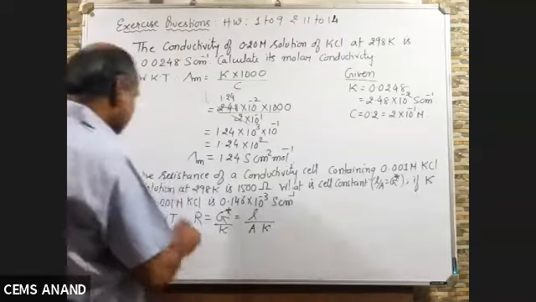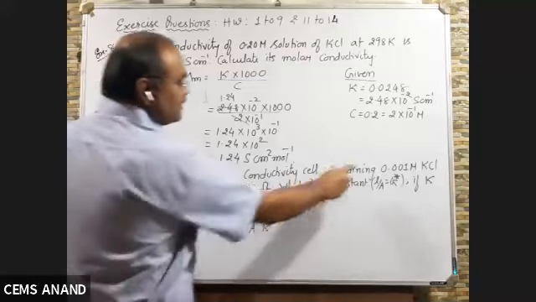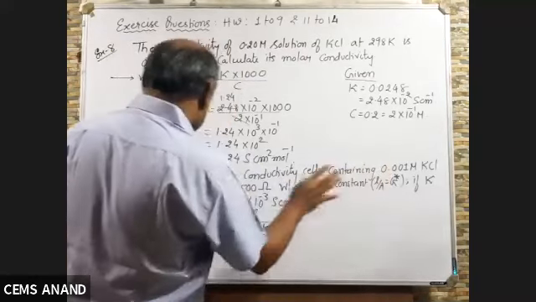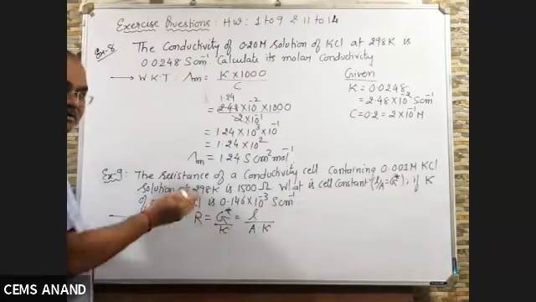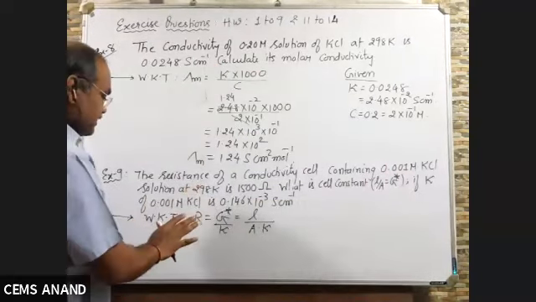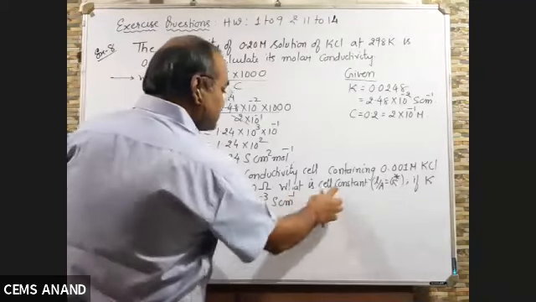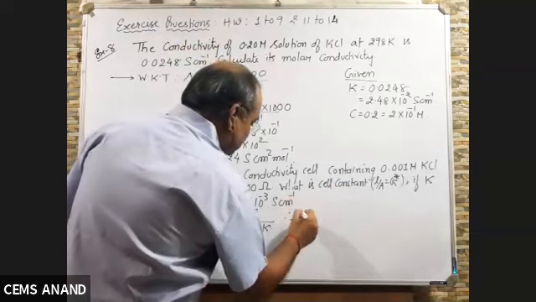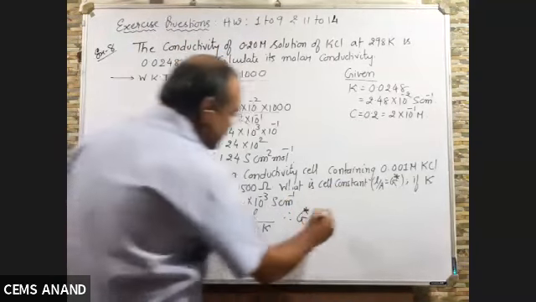Now R is already given. The concentration is also there, just for confusion they have given it, and there is no need to use this concentration right now. We have to use only this formula. So what is the cell constant? G asterisk, the cell constant, will be equal to R into kappa.